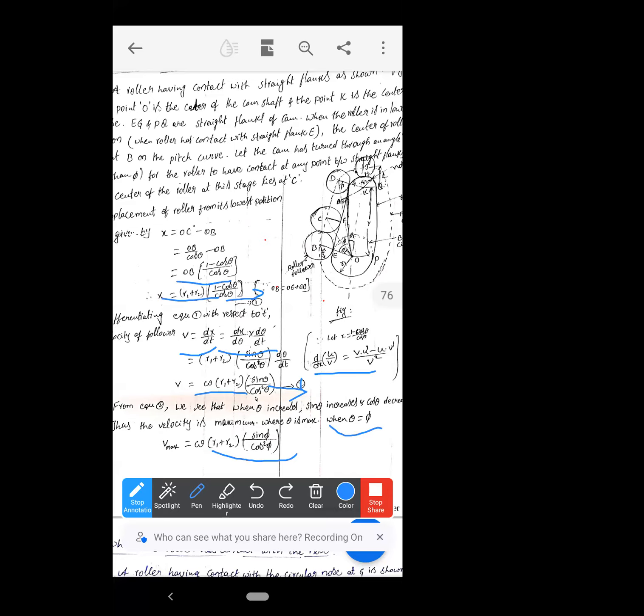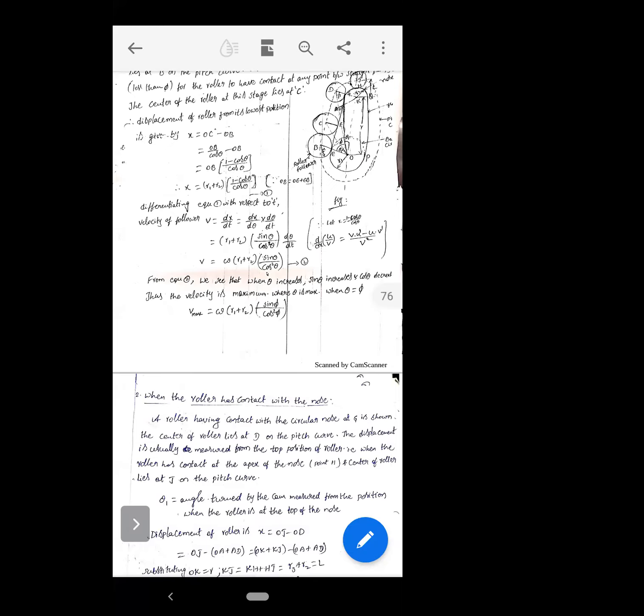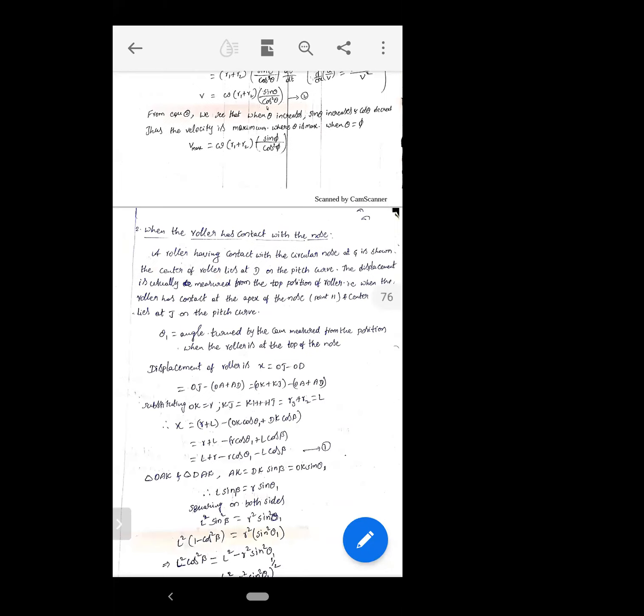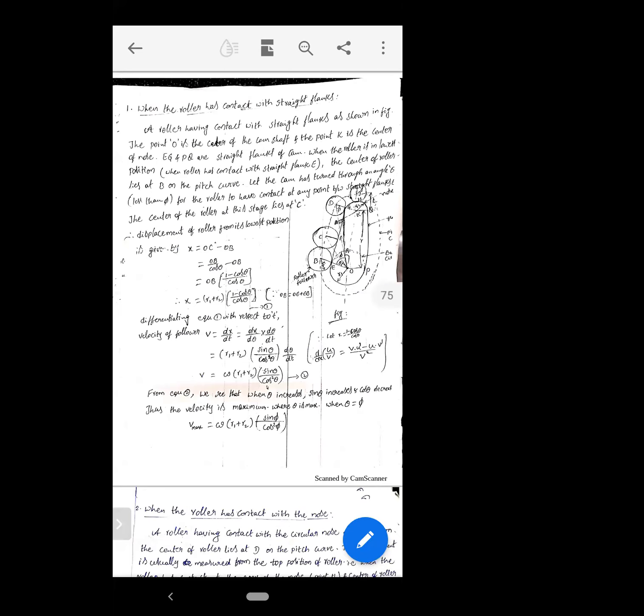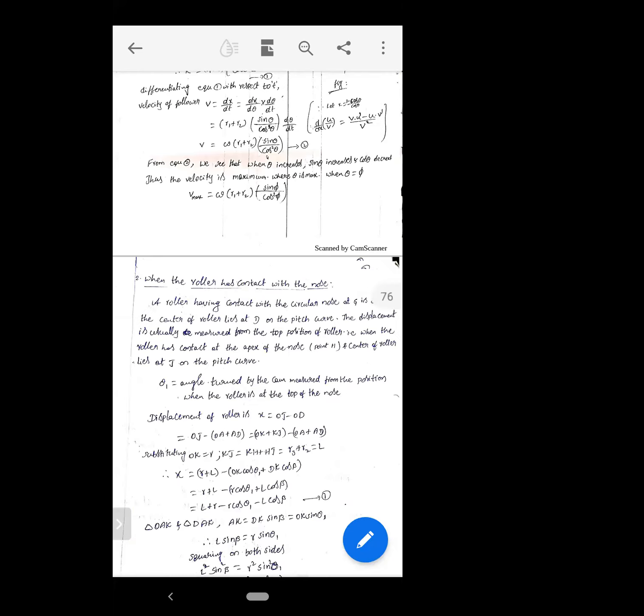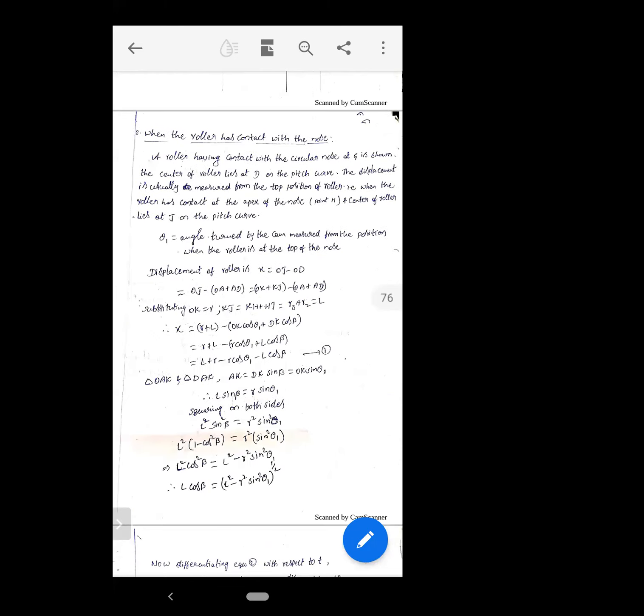Now we are going to see the second case.